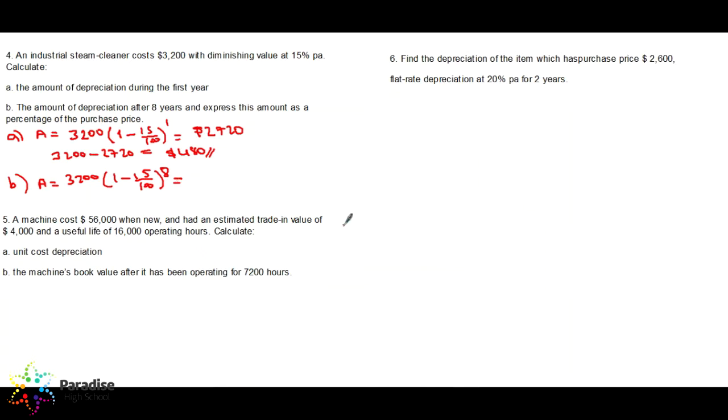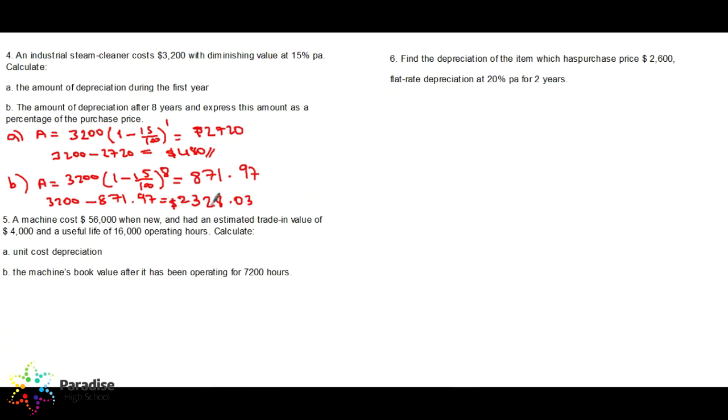So that makes 871.97. Okay, so what is the amount of depreciation? 3,200 minus 871.97. So that makes 2,328.03. That is the amount of depreciation.